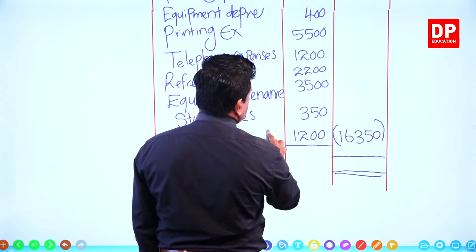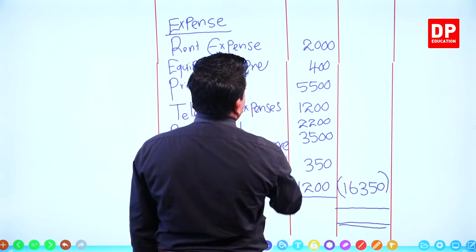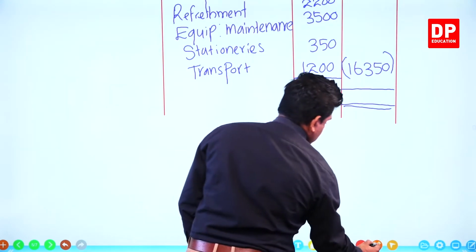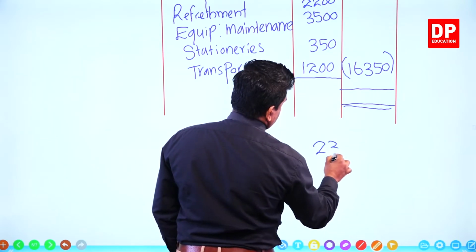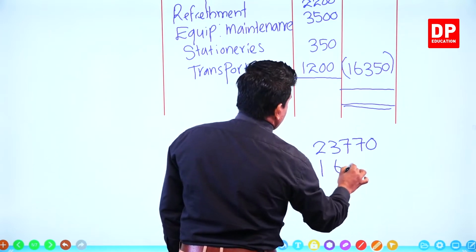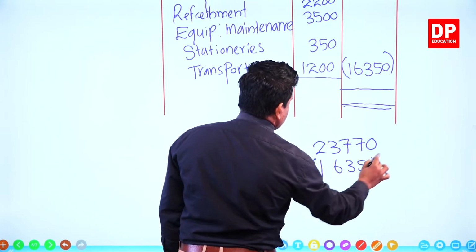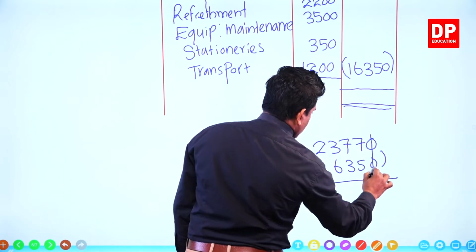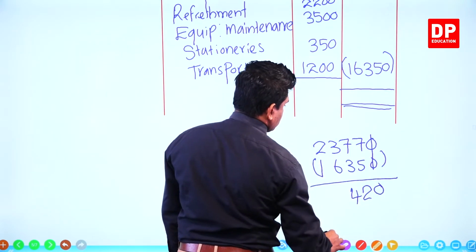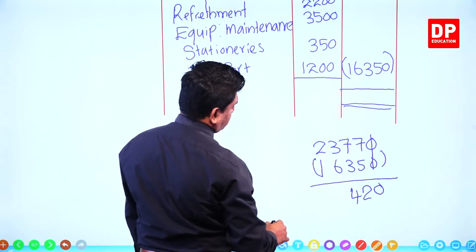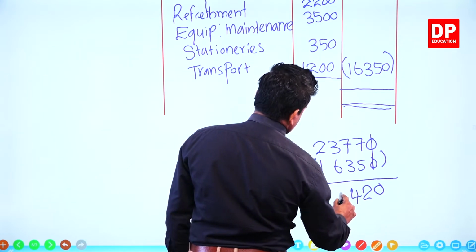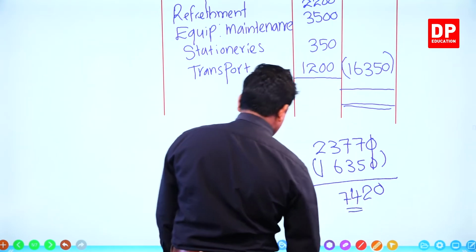You can do the calculation separately. 23,770 minus 16,350. 7,420 is the answer, right?